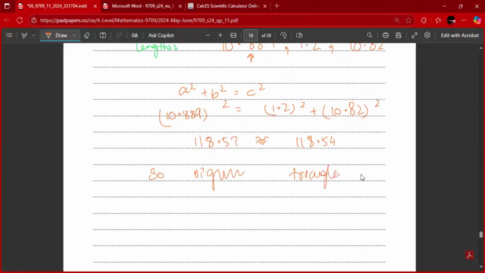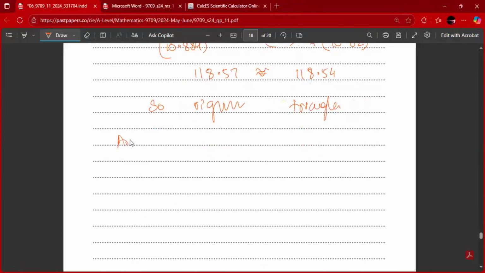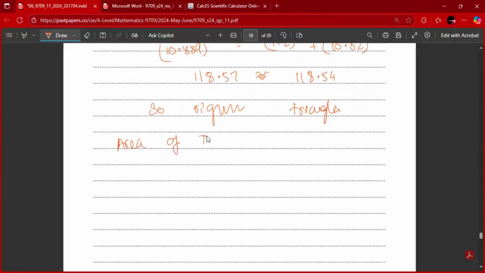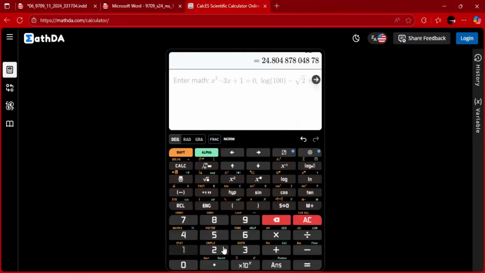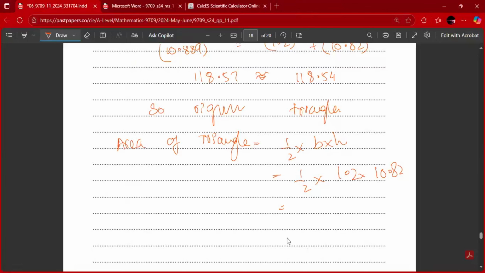Now we can solve this. Area of triangle is equal to 1 over 2 into my base into my height, which is 1 over 2 into 1.2 into 10.82, which would be equal to 6.49. 6.492.